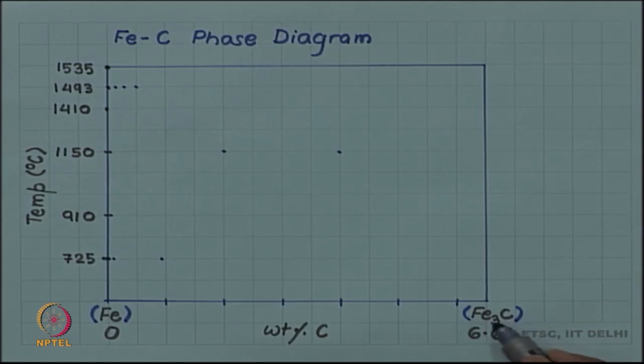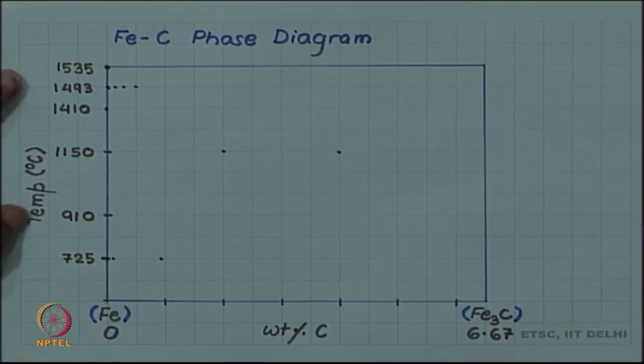So, it has 25 atomic percent carbon in it, but since carbon is lighter, 25 atomic percent carbon contributes only 6.67 weight percent. Beyond Fe3C, the diagram is not interesting to engineers because the alloy will be too brittle and has not much engineering application. So, we look at this.